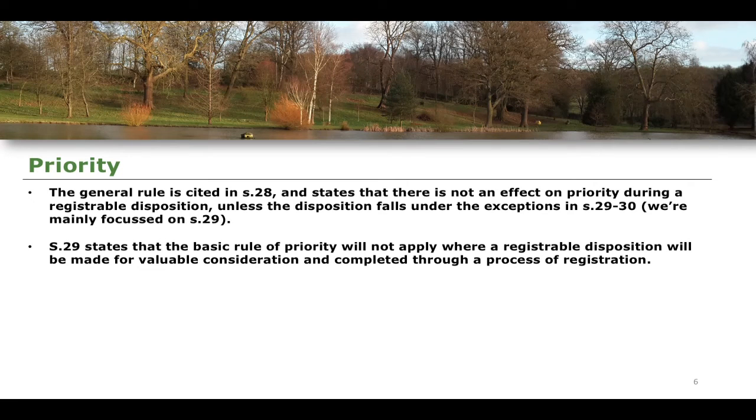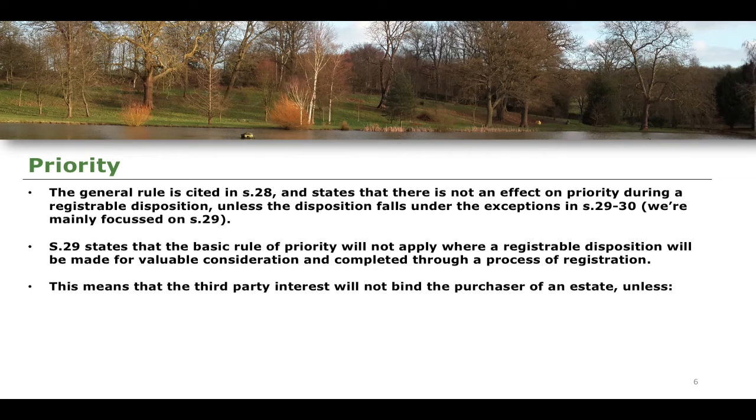Section 29 and Section 30, but we're focusing mainly on Section 29. Section 29 simply says that the basic rule of priority, which we saw in Section 28, will not apply where a registrable disposition is made for valuable consideration, i.e. in exchange for some kind of consideration, like you would see, for example, in the law of contracts, something for something else, mainly the purchase of an estate, completed through a process of registration.